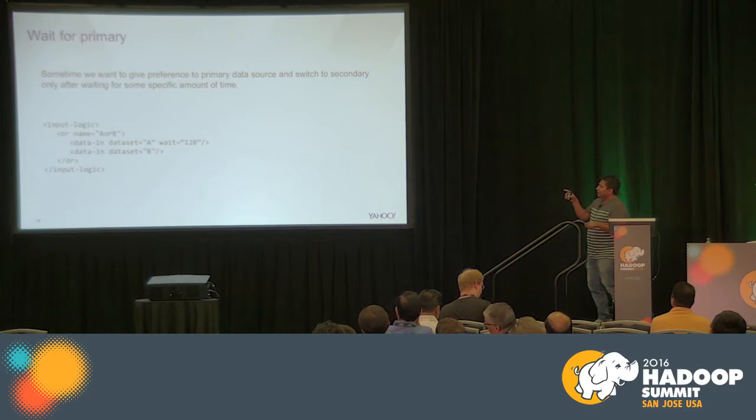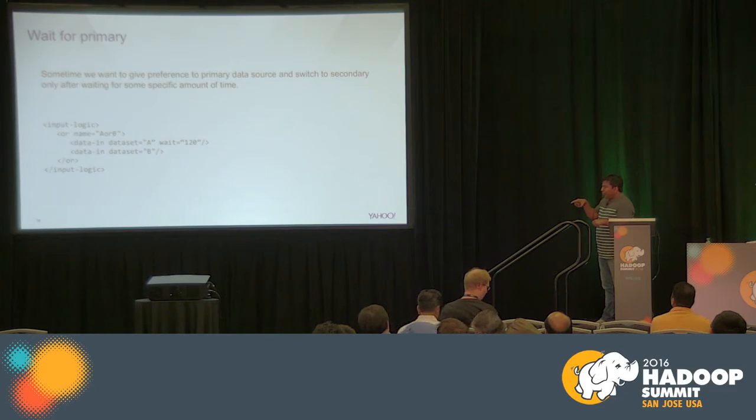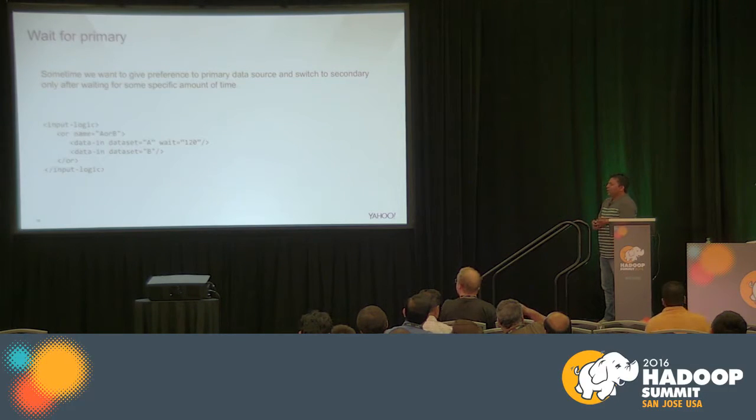So this indicates switching to B only if A is not available and after waiting for 120 minutes. So we have taken a fairly simple example. You can always form a nested operation using AND and OR.